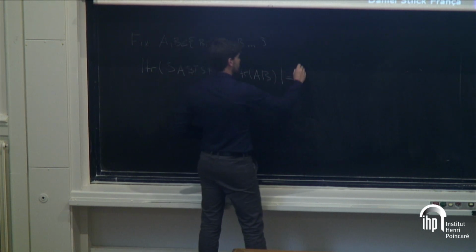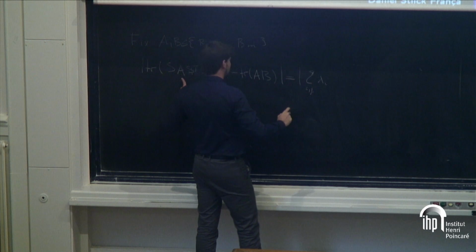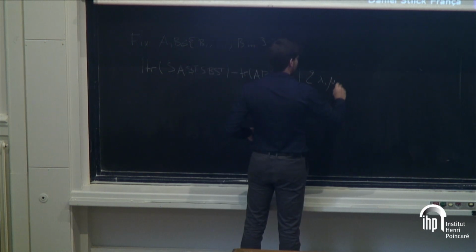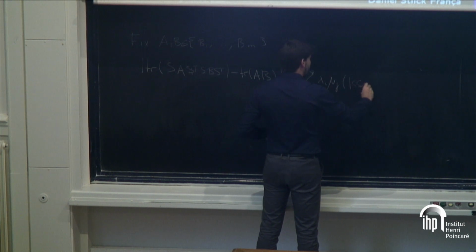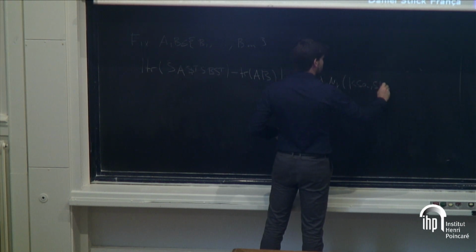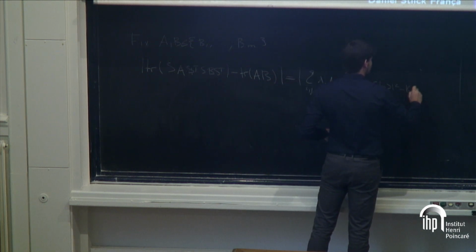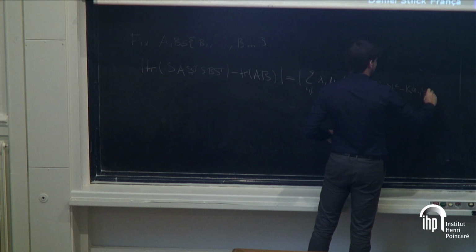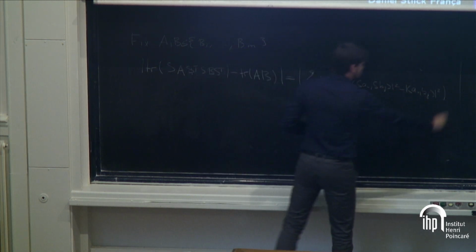And then you see this is just the sum over i, j, where lambda_i are the eigenvalues of A, mu_j the eigenvalues of B, and here you have the eigenvectors of A and of B. This is what you get if you compute this trace.